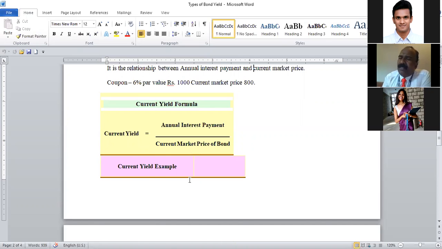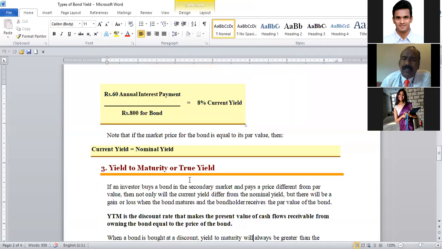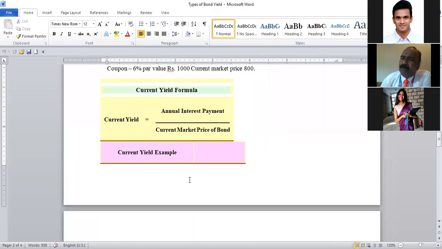The annual interest payment is 6% of 1000, so 60 rupees. So 60 divided by 800 into 100 will give you 8%. 8% is the current yield.